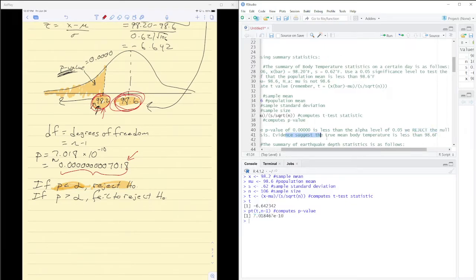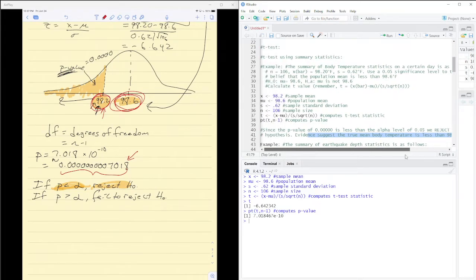Evidence suggests the true mean body temperature is less than 98.6. If you wanted to increase this proportion, you would have to shift the entire distribution to the left.